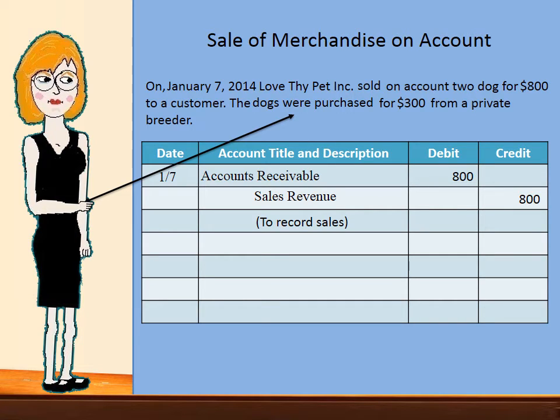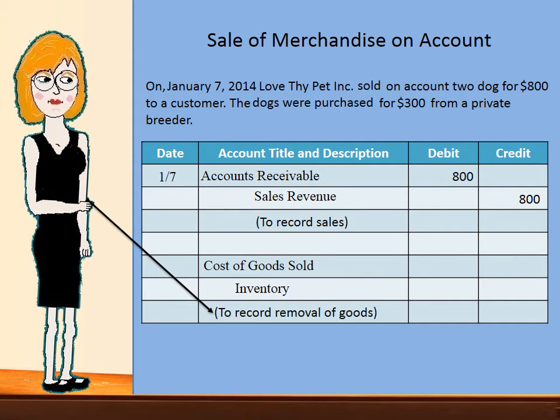Now we will do the journal entry to remove that amount from our inventory. We will start with cost of goods sold, which we will debit for the amount of the inventory we sold, and we will remove that from our inventory account with a credit, and the explanation is to record removal of goods sold.